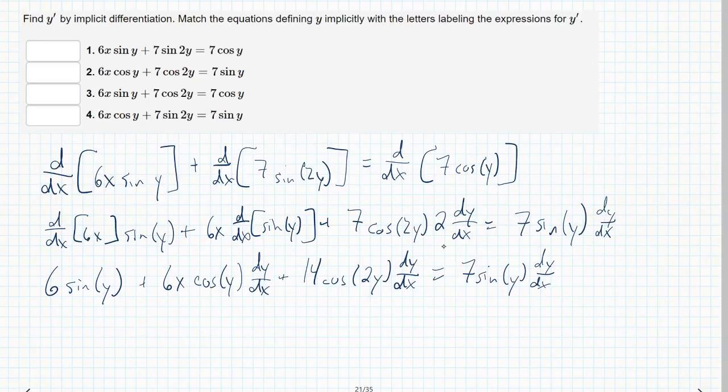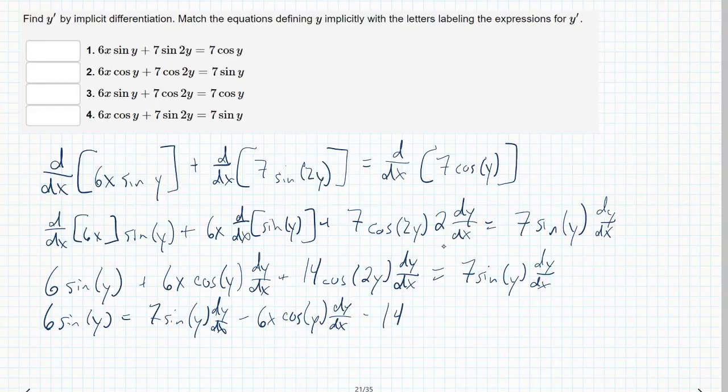All right, wowzers, right? Everything has dy dx except for the 6 sine of y, so we'll isolate the 6 sine of y on one side, and then we'll have 7 sine of y dy dx. And notice dy dx is raised to the first power. That's going to be good for us because we're going to be able to factor it out here in a second. That's the whole process going on here. 6x cosine of y dy dx, and then minus 14 cosine of 2y dy dx.